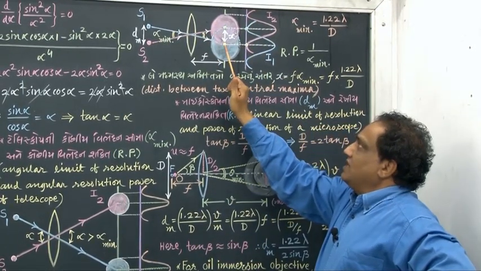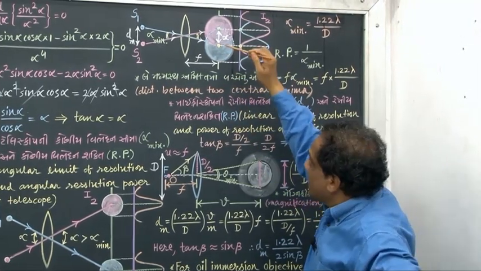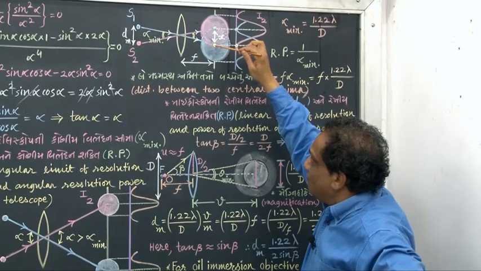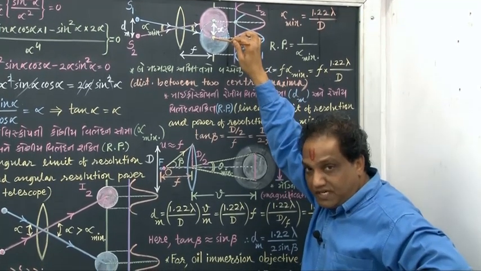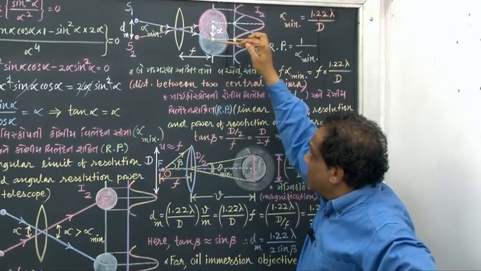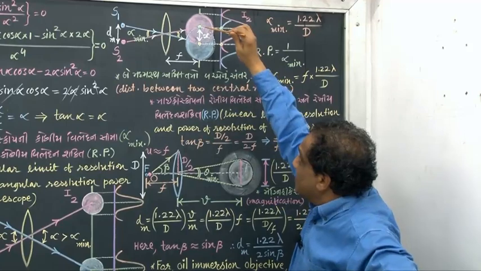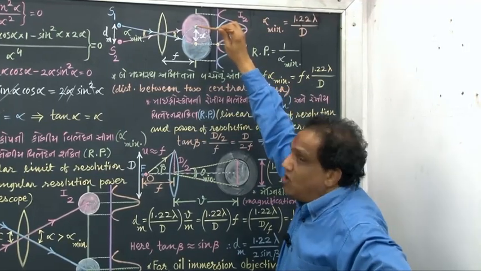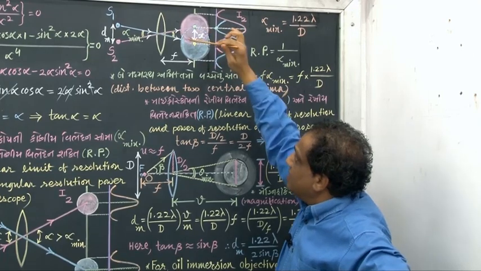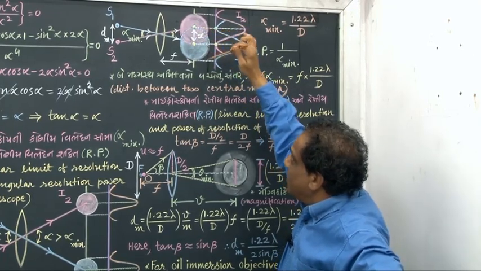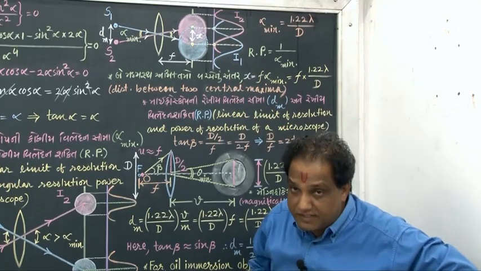So tell me, what is superposing on what at this point? Here there is a superposition of the central maximum of the diffraction pattern of the first object with the first order minimum of the diffraction pattern of the second object. Here the central maximum of the diffraction pattern of the second object superposes on the first order minimum of the diffraction pattern of the first object.